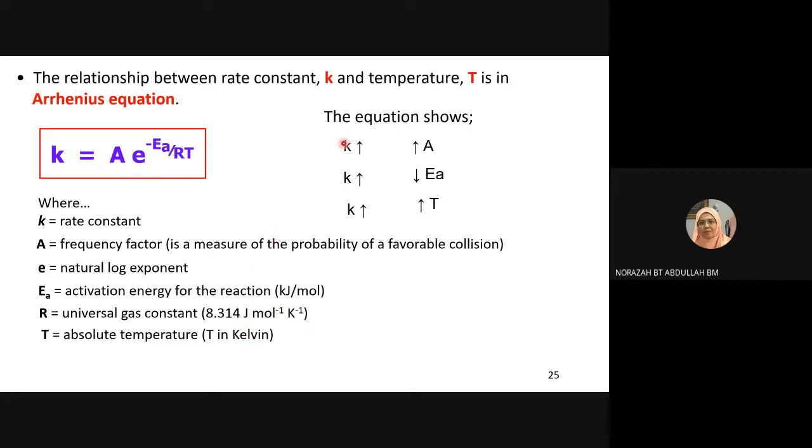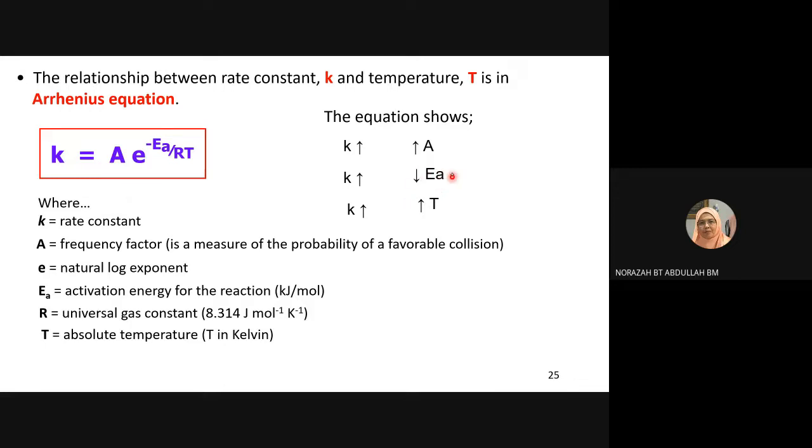So, you see dia punya relationship dia. As you increase A, k also will increase. They're proportional. As EA decreases, k will increase because EA is the minimum kinetic energy needed for reaction to occur.